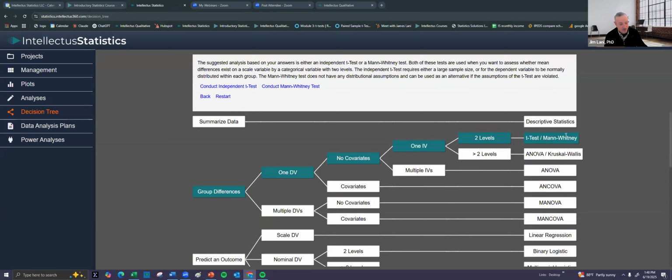No. Okay, so I'm doing an independent sample t-test, Mann-Whitney if the assumptions are violated. But that's another conversation. For methodology and for IRB, when you have one dependent variable and you're looking at it by a 2-level independent variable, like high and low SES, we're doing an independent sample t-test.